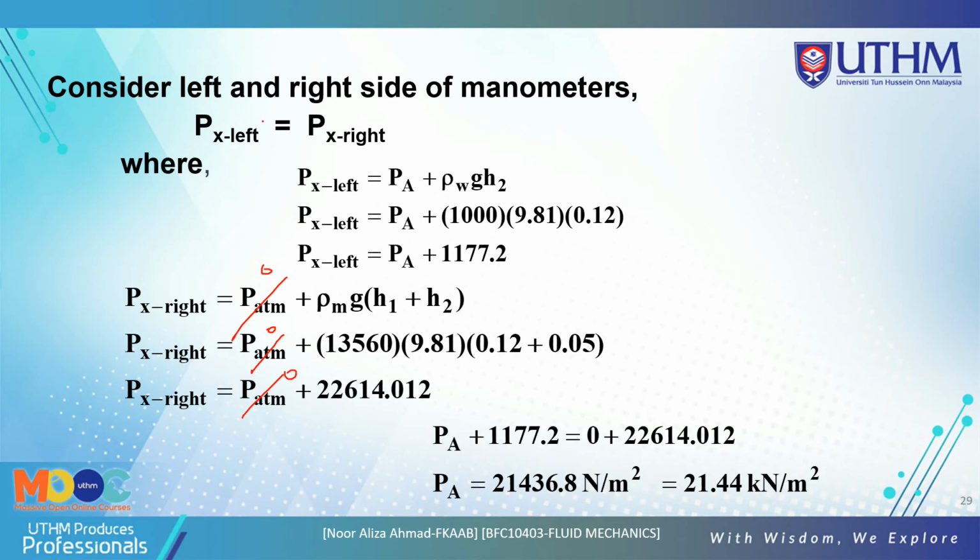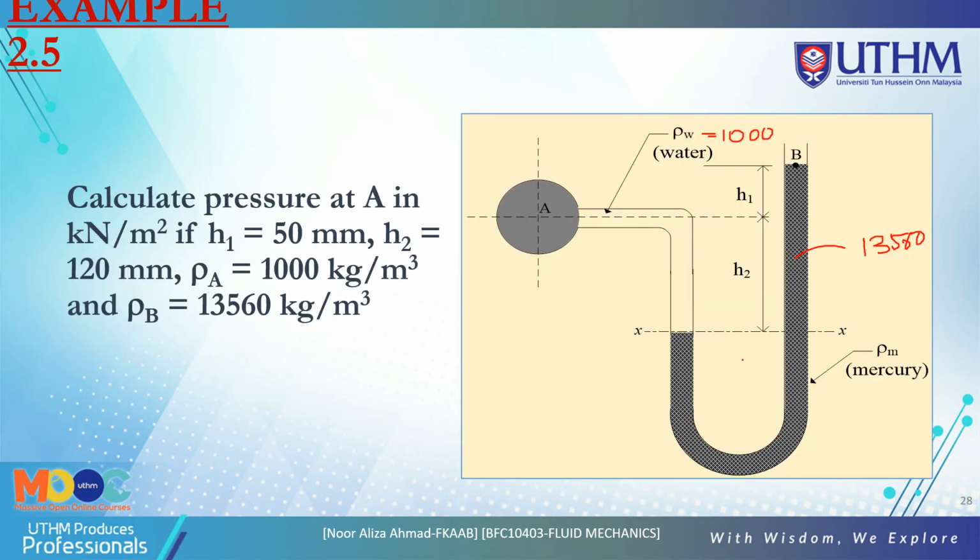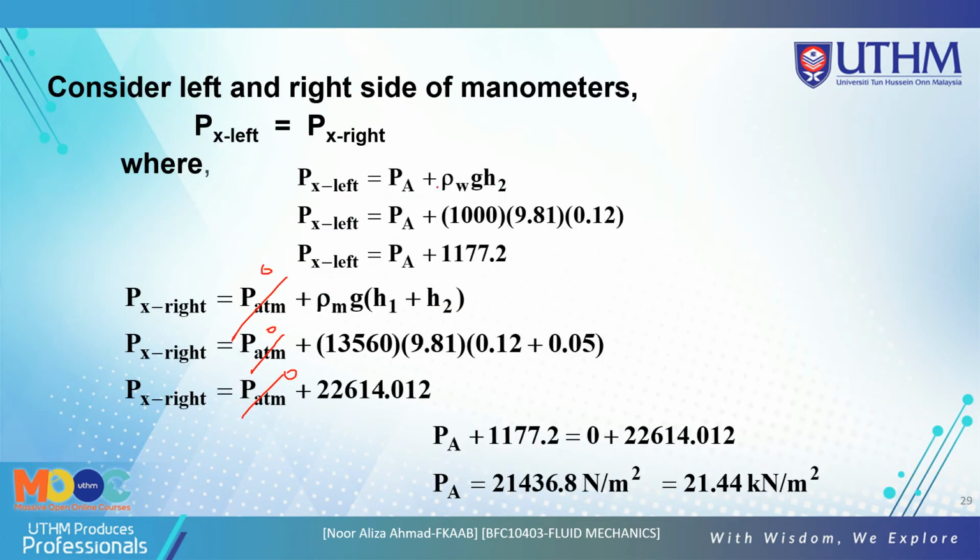Now we look at the left and right side of the manometer. P left is PA plus rho W G H2, based on this side here, the left side, and this is the right side. So we get the left side as PA plus density of water times G times H. Now look at the right side.